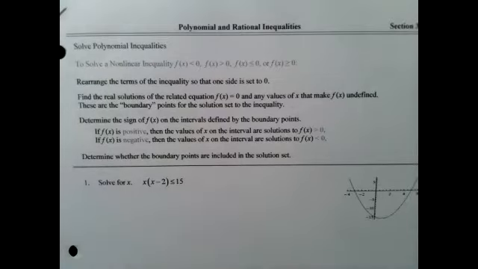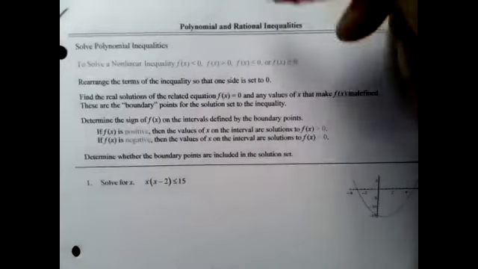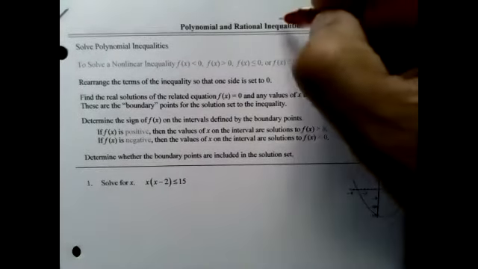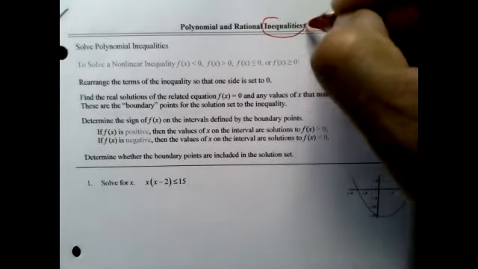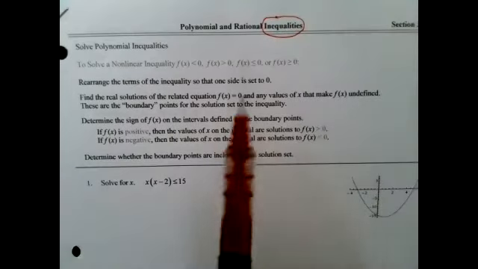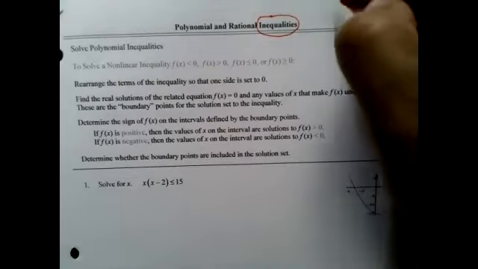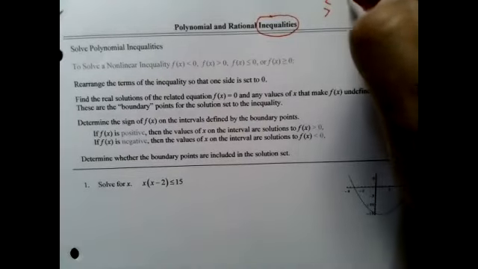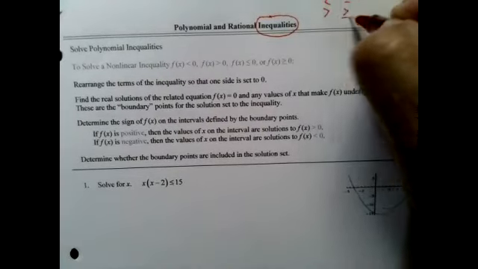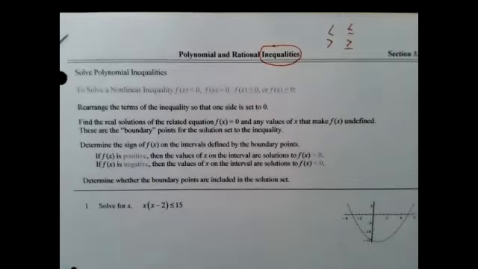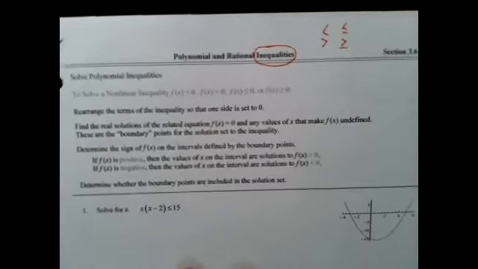Today, let's see the title. Polynomial and rational inequalities. That means everything that I've been doing up to this point, I'm now going to do with inequalities. Less than, greater than, less than or equal to, greater than or equal to. Okay, so let's see what's going on.